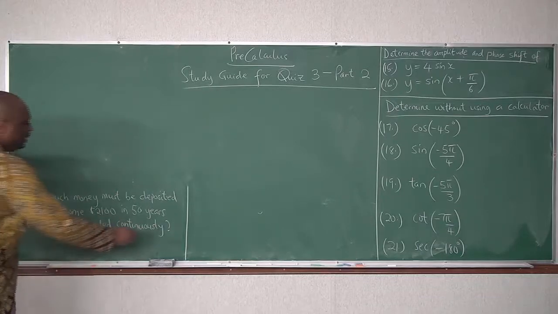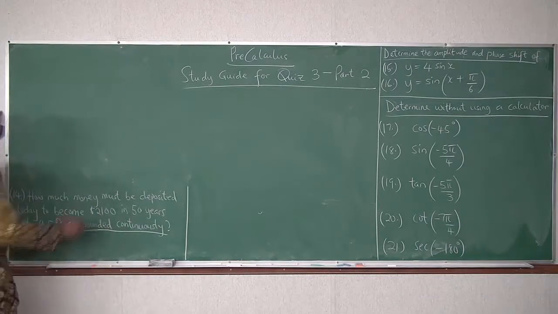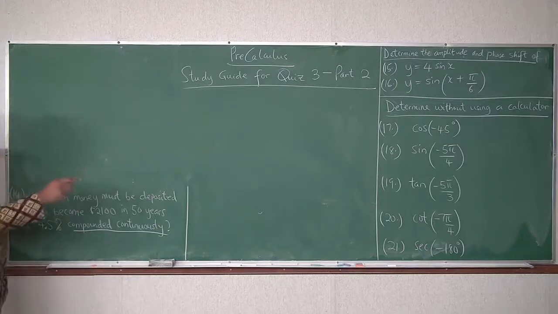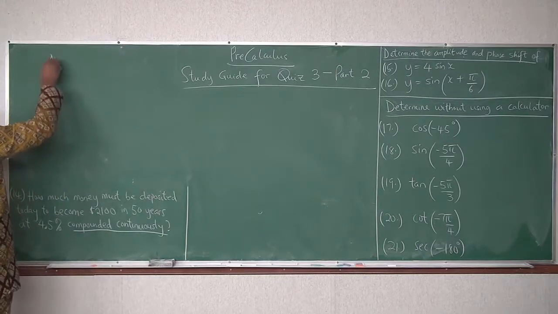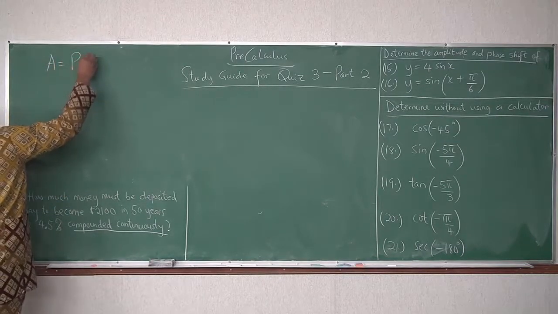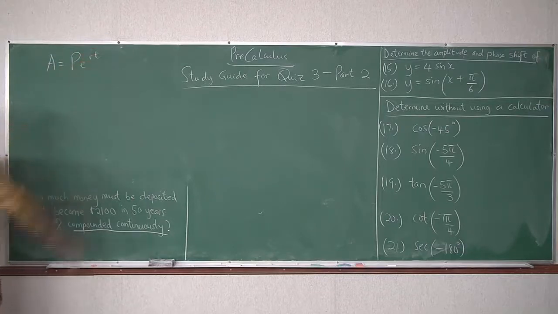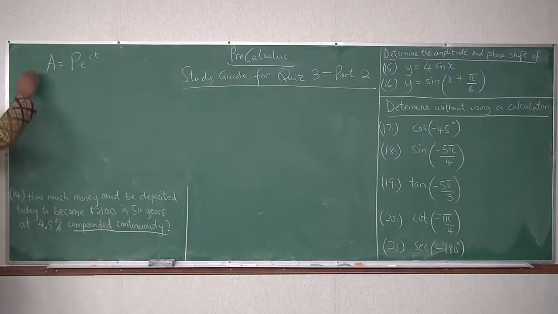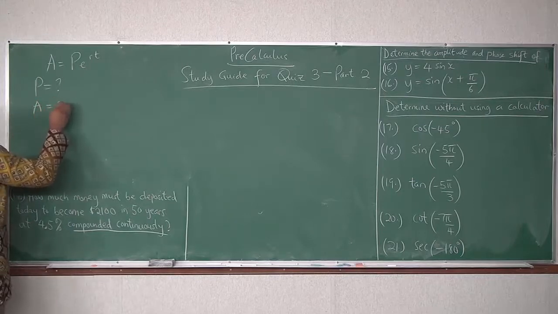Now this is a continuous compound interest, and with continuous compound interest, we have that A equals P e^(rt). How much money must be deposited today? So they're asking us for P. To become $2,100, so A is $2,100.